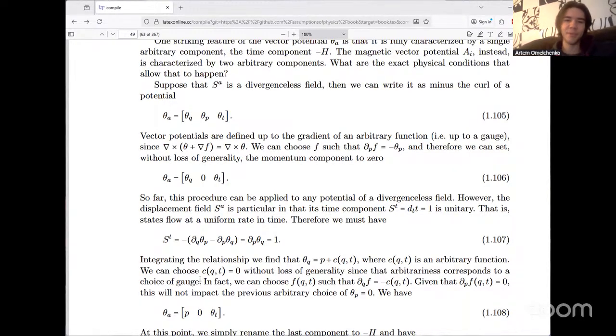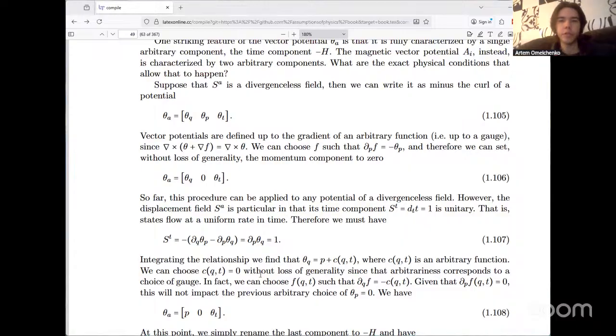Sure. Suppose that S^A is a divergence-less field, then we can write it as minus the curl of a potential. Vector potentials are defined up to the gradient of an arbitrary function, that is, up to a gauge, since the curl of theta plus the gradient of some scalar function is equal to the curl of theta.